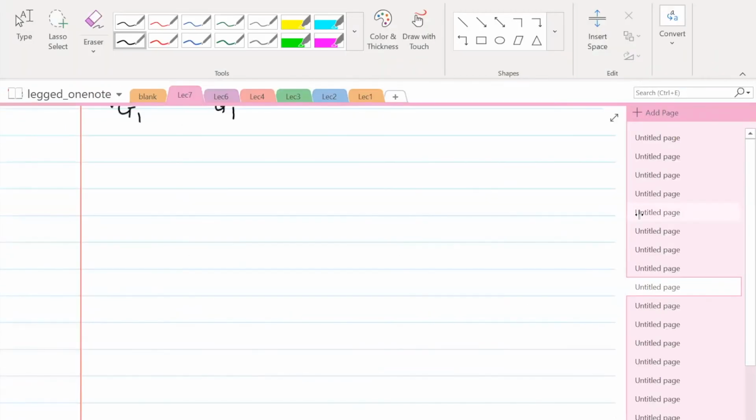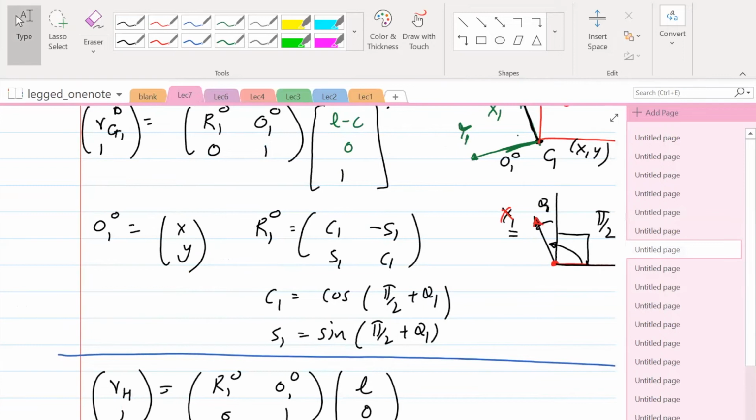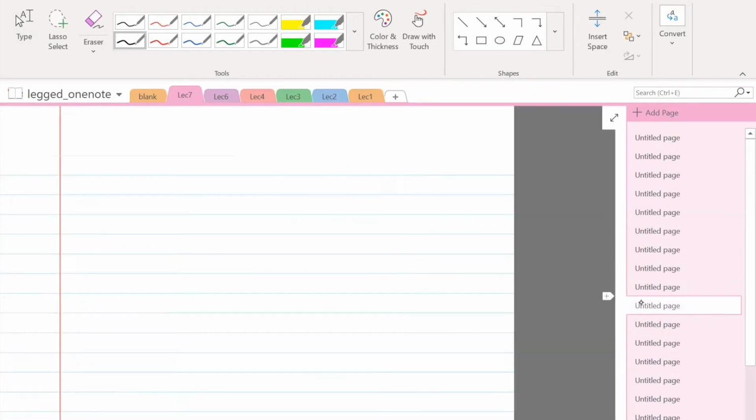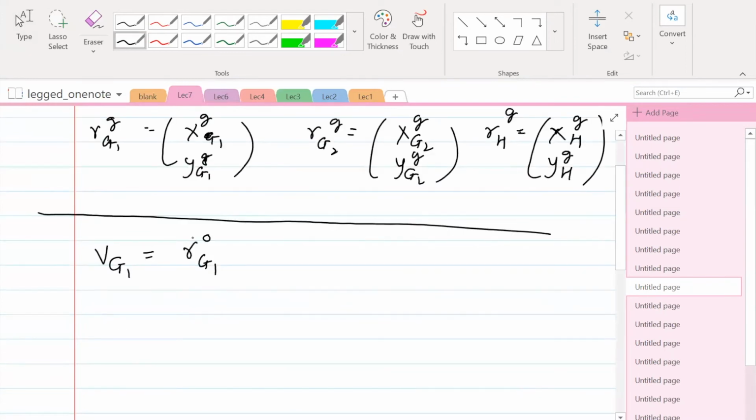That was somewhere here. We found that, so we just take the derivative of that term. So that will be taking the derivative of X_G1 and Y dot G1 and so on.